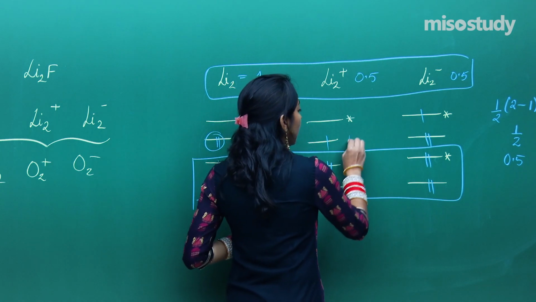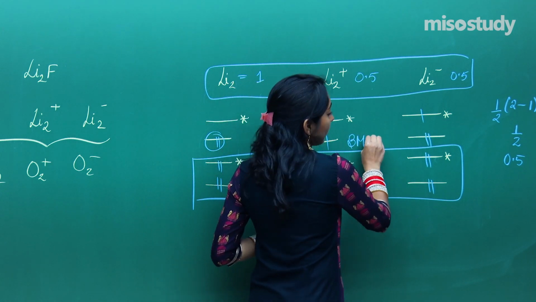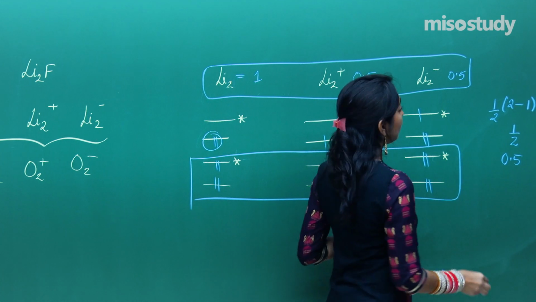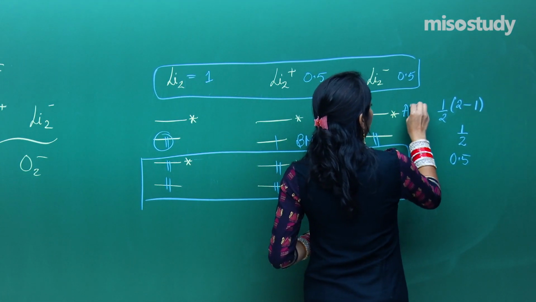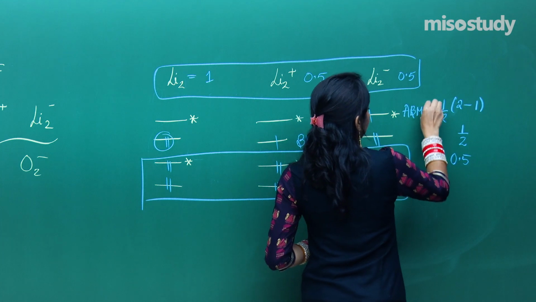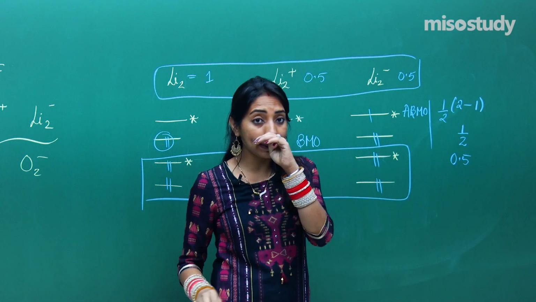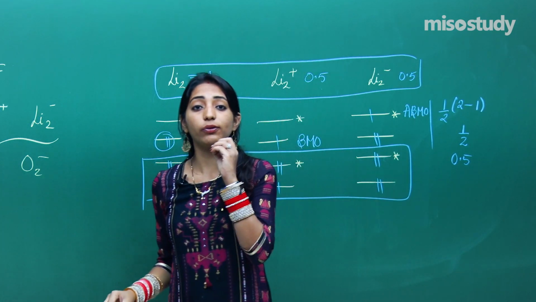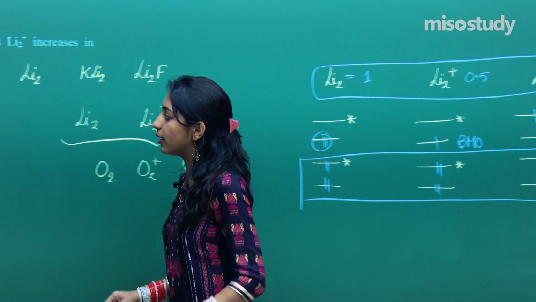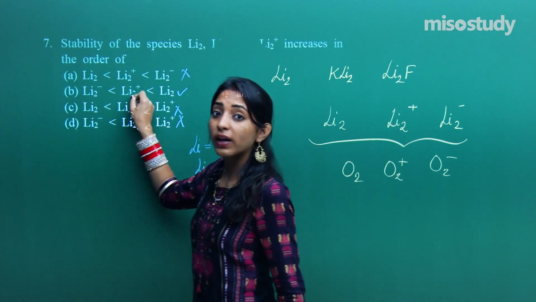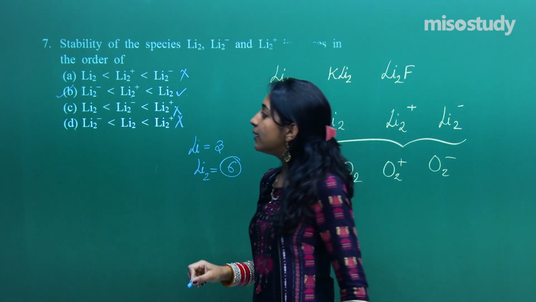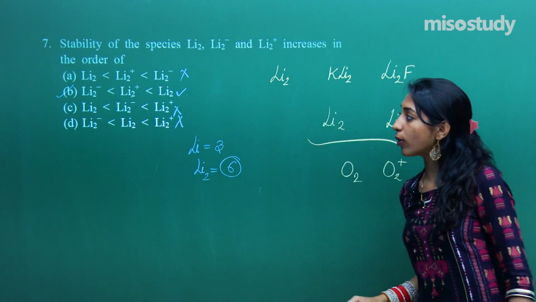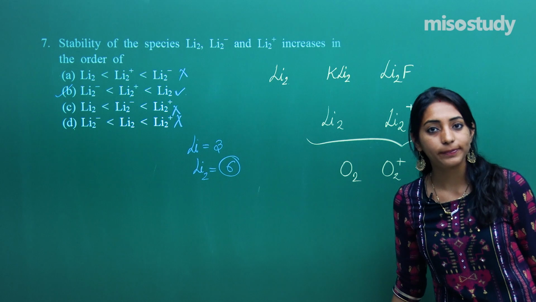So here it is in bonding molecular orbital, whereas in Li2 minus it is in anti-bonding molecular orbital, and whenever the last electron enters the anti-bonding molecular orbital, it will be even lesser stable. So we will have Li2 plus, Li2 minus, and thus option number B is the correct option for this question number 7.